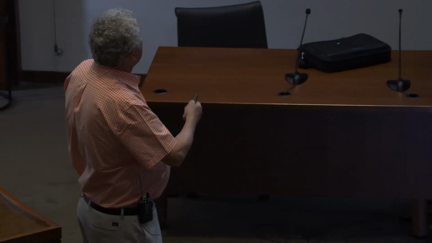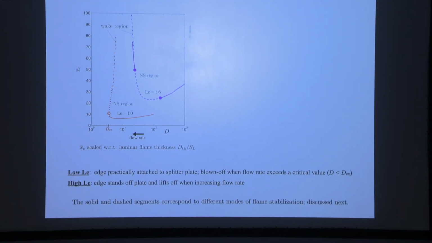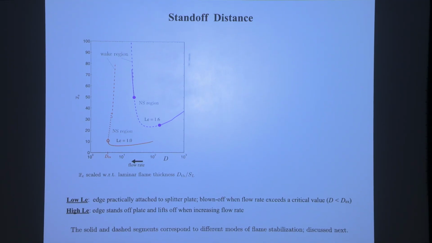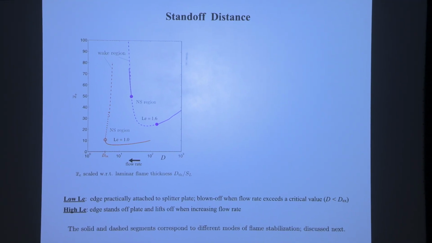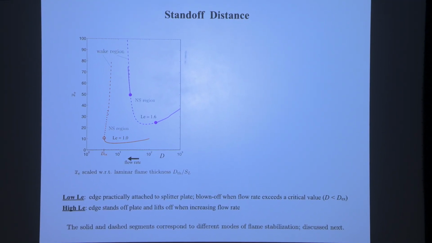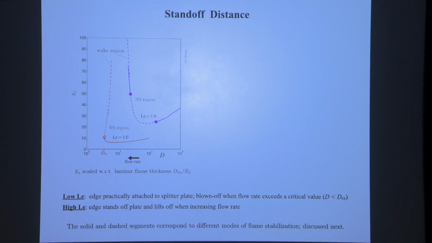That's the solution which really blends into the Navier-Stokes solution when the flame is sufficiently far, because it has to go to the wake region. And so it's just a consistency of your calculation. This segment, I will show in a minute that it's unstable, and I will explain the nature of the instability. Let me just make sure that what I wrote here is all covered by what I say.